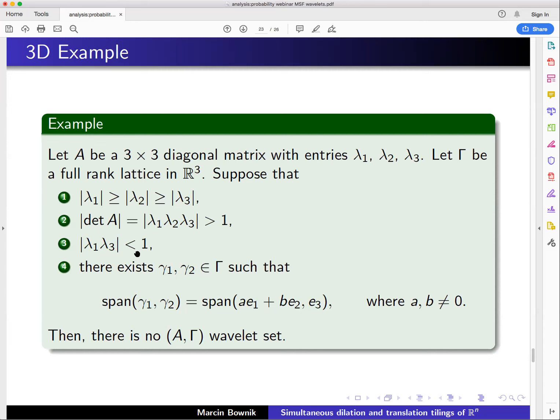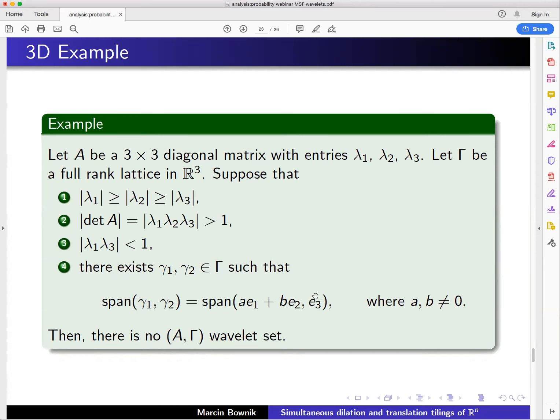Now we assume that there exist gamma 1 and gamma 2 points in the lattice, so that when you look at the span by those 2 points in the lattice, you get a subspace.